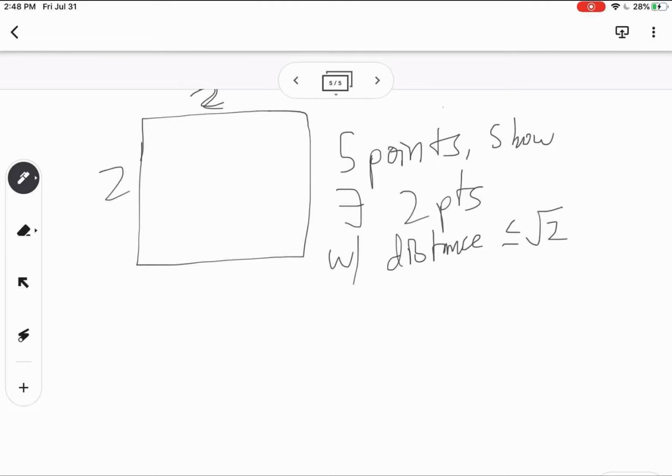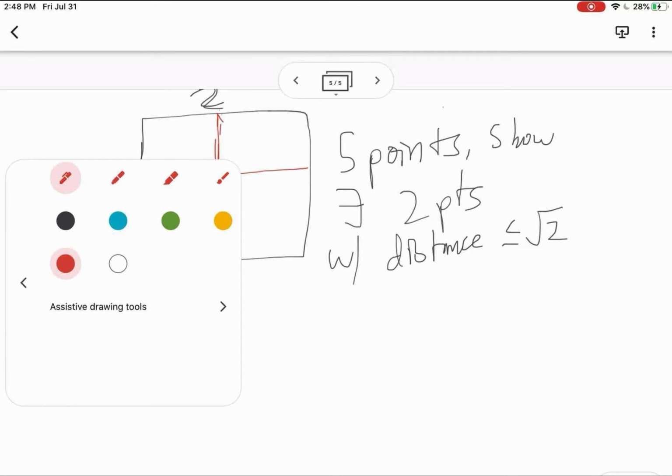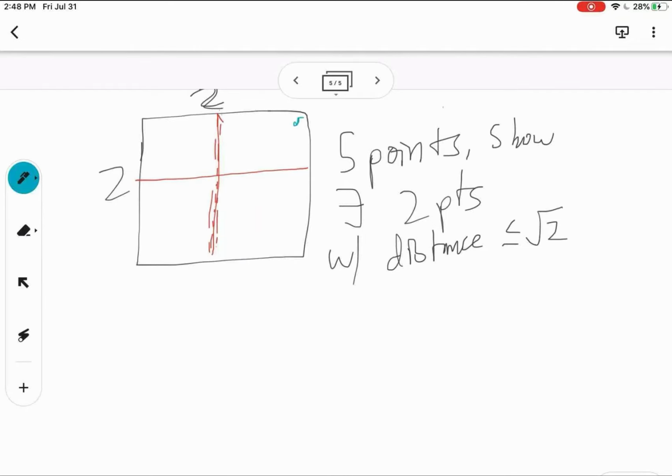So the idea is to divide this 2 by 2 square into 4 1 by 1 squares. The reason is that if you take 2 points in a 1 by 1 square, then they have to be at most distance root 2 apart, right? Because if you take two opposite vertices of a square, then it's root 2 already, and if you don't, then the distance has to be less than root 2.